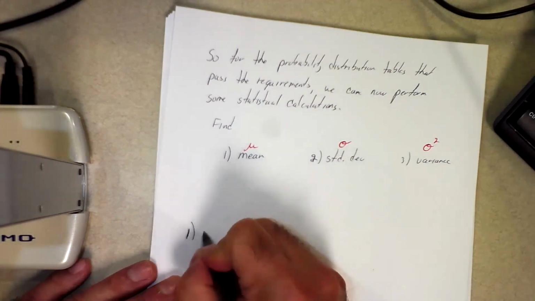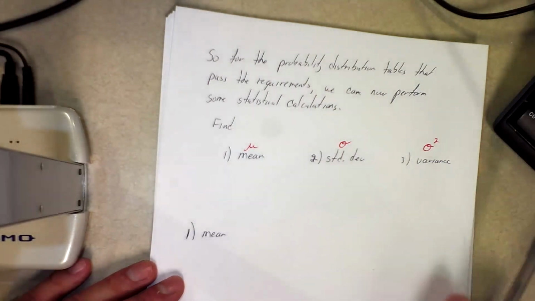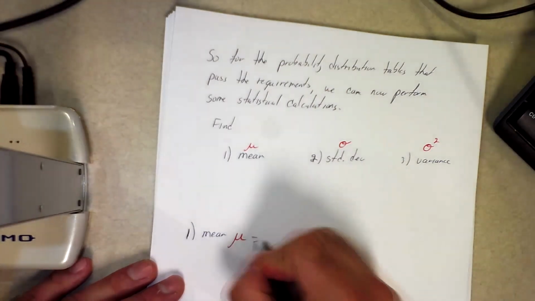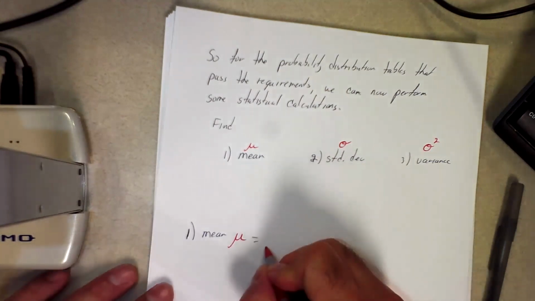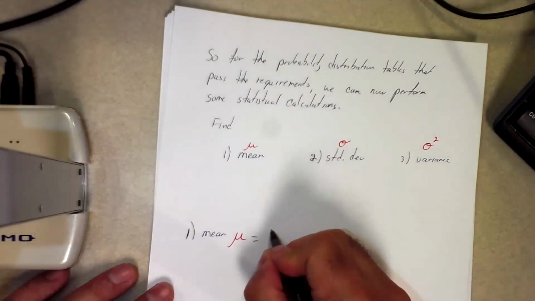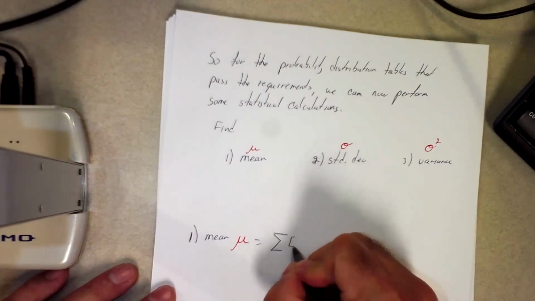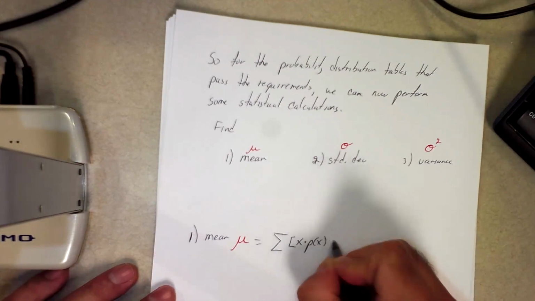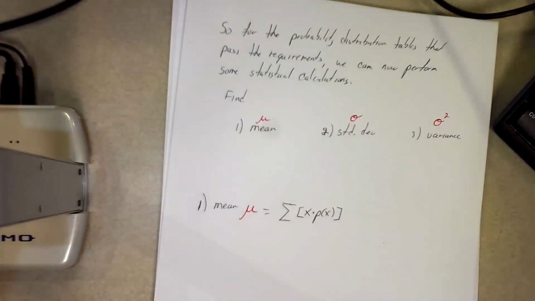So the mean formula, mu, equals the sum of x times p of x. Right, that's the formula for the mean.